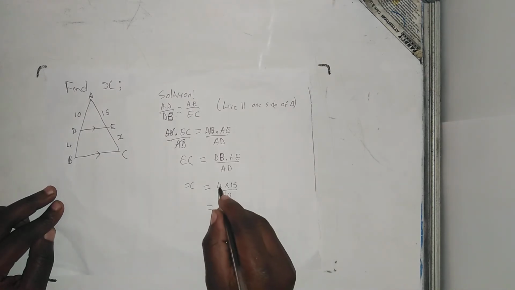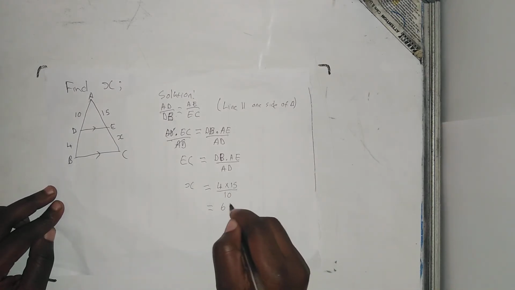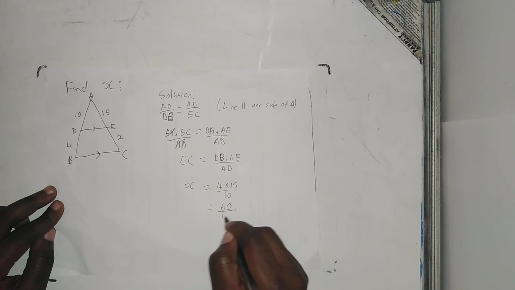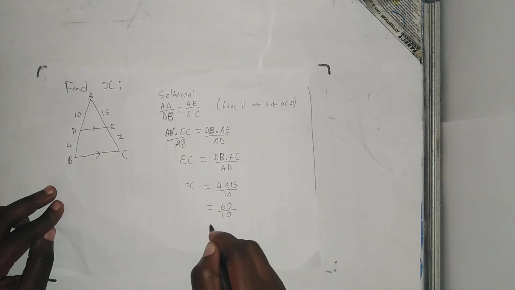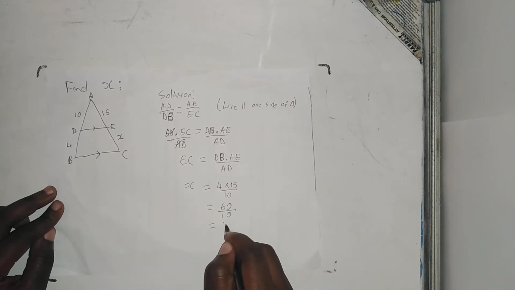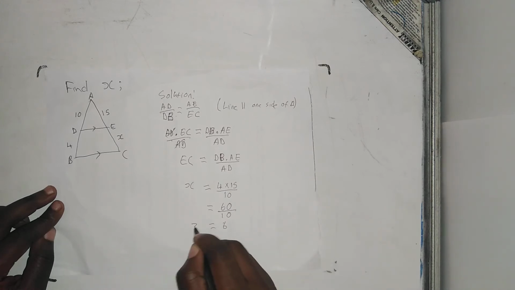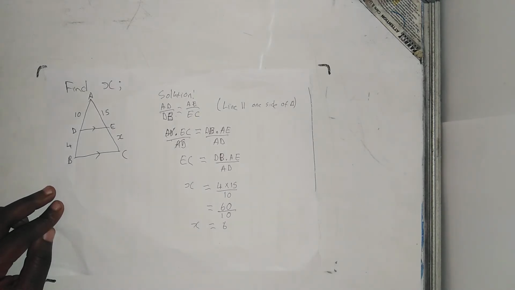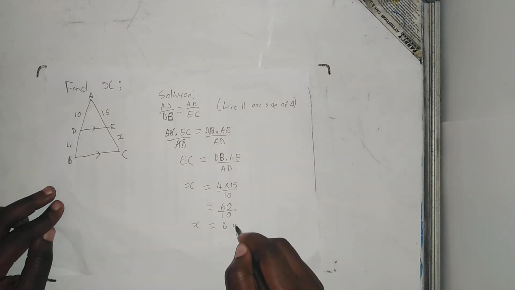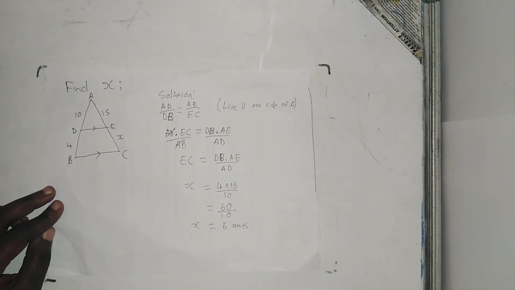So this is 4 times 15, that is 60, and then divided by 10. And then that is going to be equal to what? It's going to give us 6. X is equal to 6. Okay? So guys, X is going to be 6 what? 6 units. In some cases, you will have centimeters. In some cases, you will have millimeters.